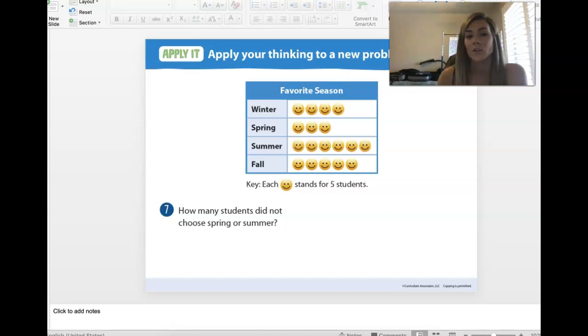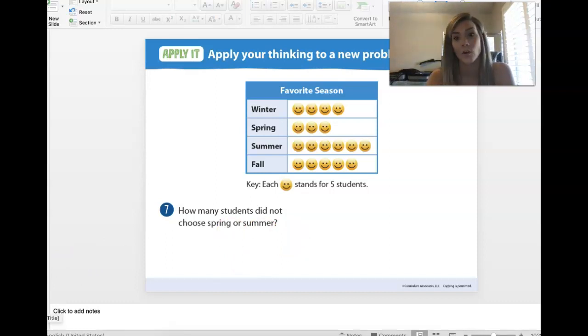Question 7. We have a favorite season picture graph. Winter, spring, summer, fall. Key, which we just reviewed, that is so important. Each little smiley stands for 5 students. How many students did not choose spring or summer?